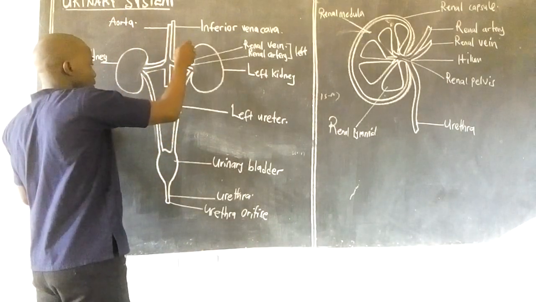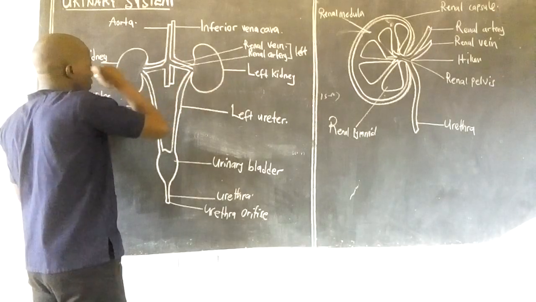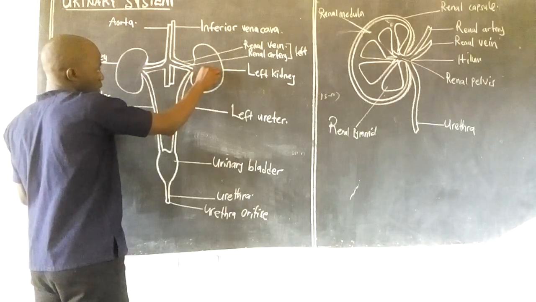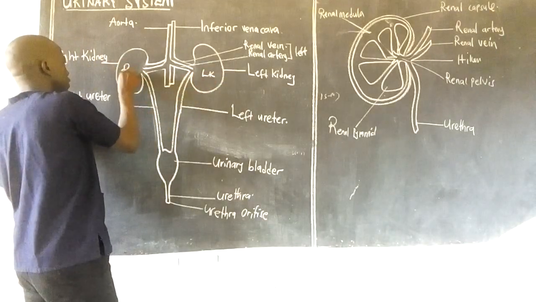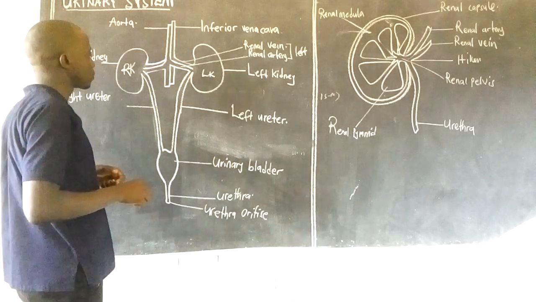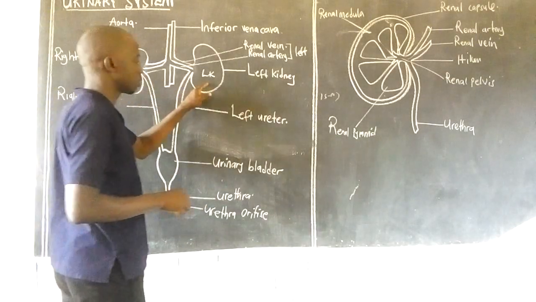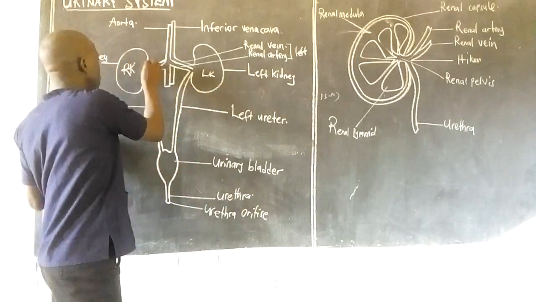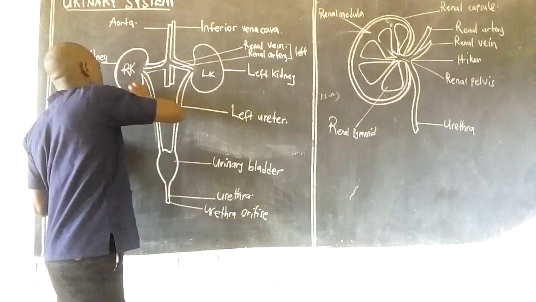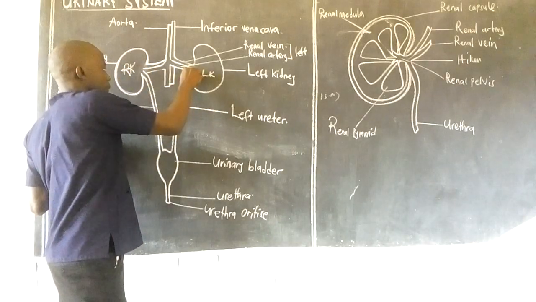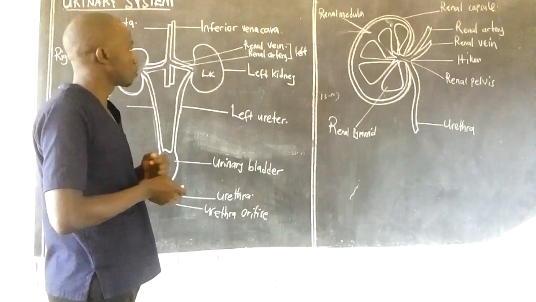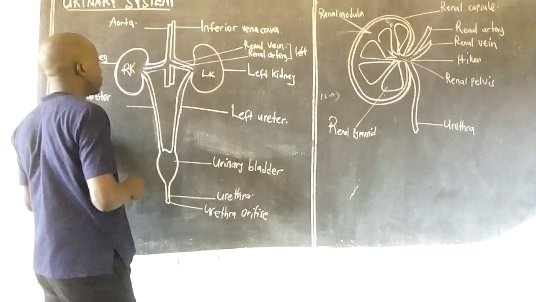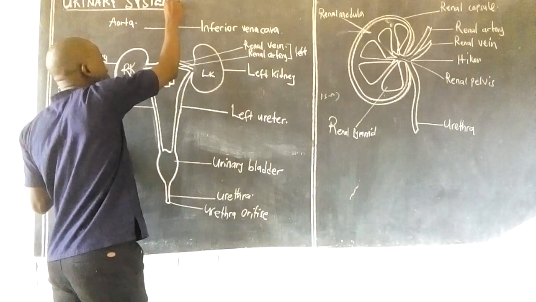It is made up of two kidneys. So this is the left kidney and this is the right kidney. These two kidneys are bean shaped, like you can see here. They are supplied by blood from the aorta.